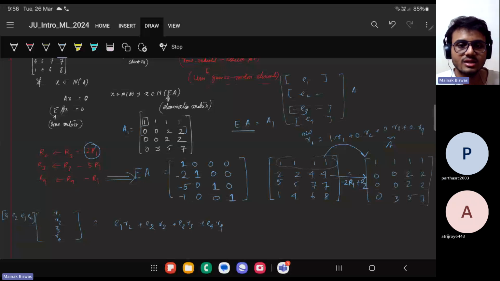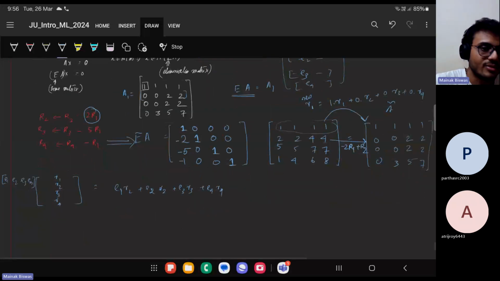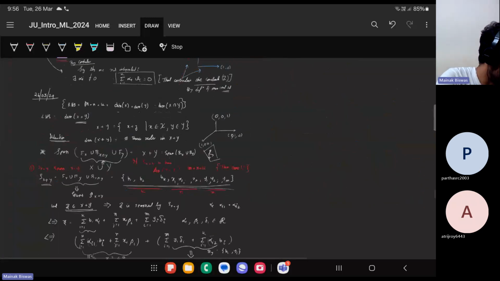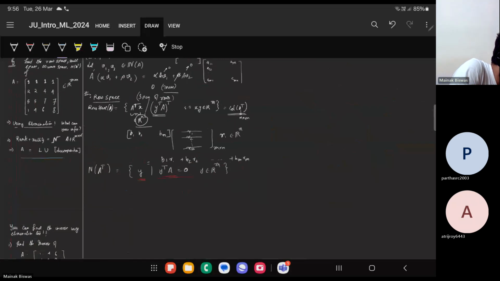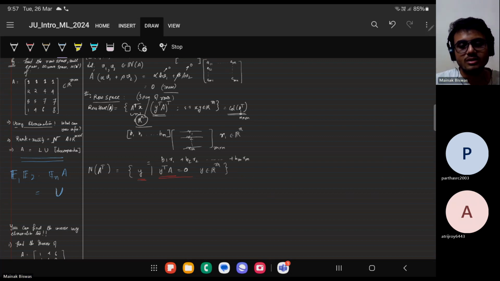And last day we had seen, we had converted this to an upper triangular matrix, so this will solve our question. This is called A equal to LU decomposition. Do you agree, E1, E2 dot dot dot En A is equal to some upper triangular matrix, right? Yes.